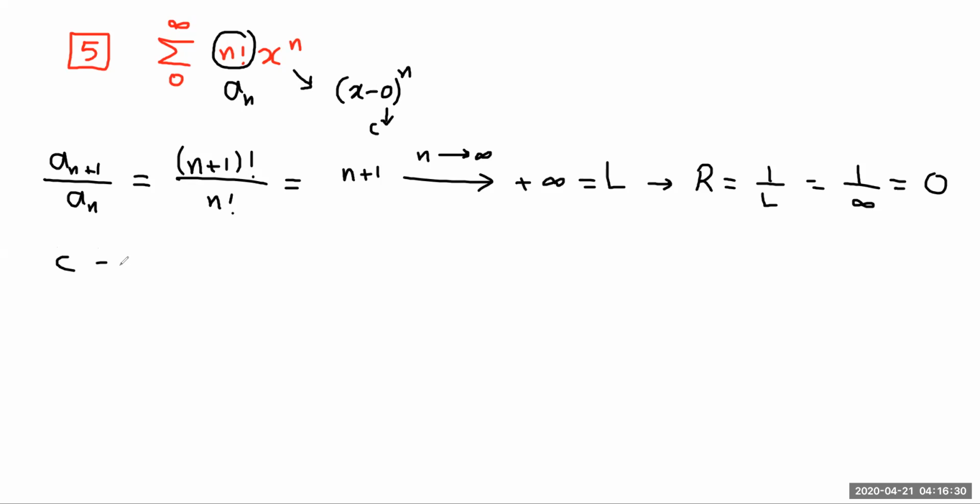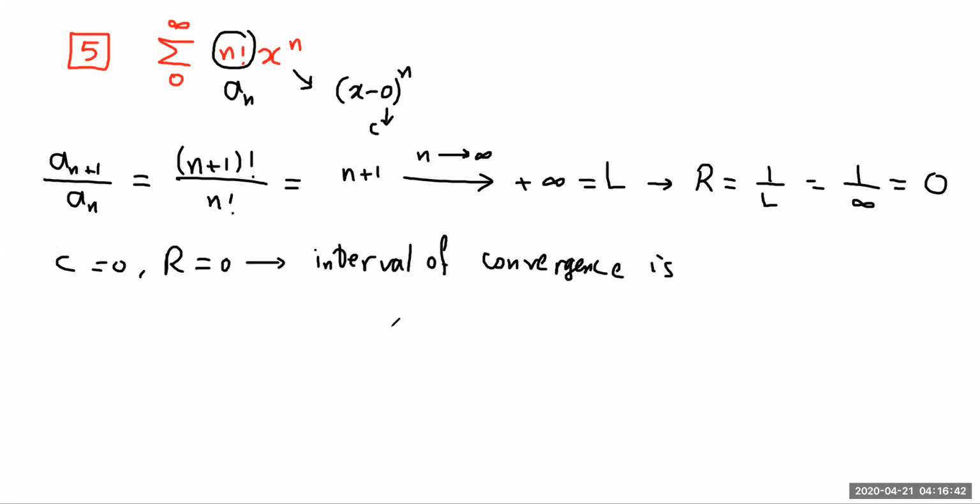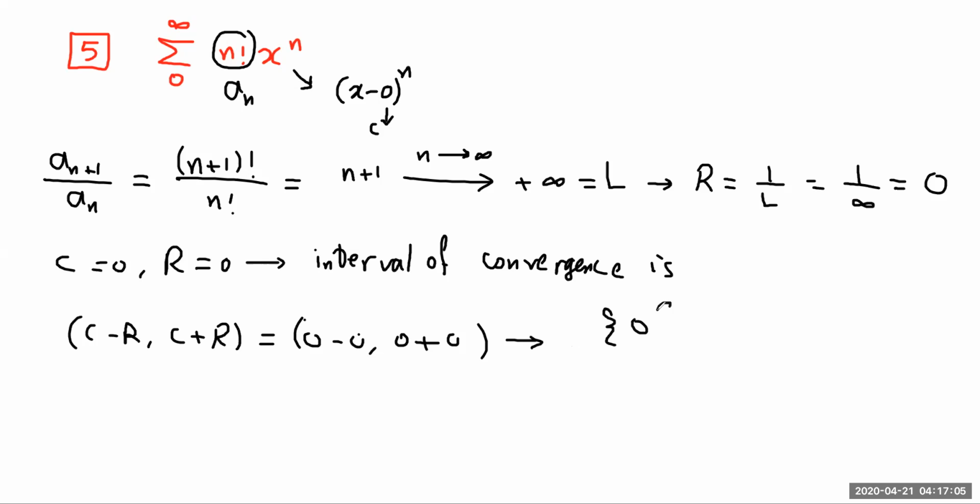After calculating C and R, the interval of convergence is C minus R, C plus R. So it's 0 minus 0 and 0 plus 0. Because it's only 0, I will have only the one number 0.